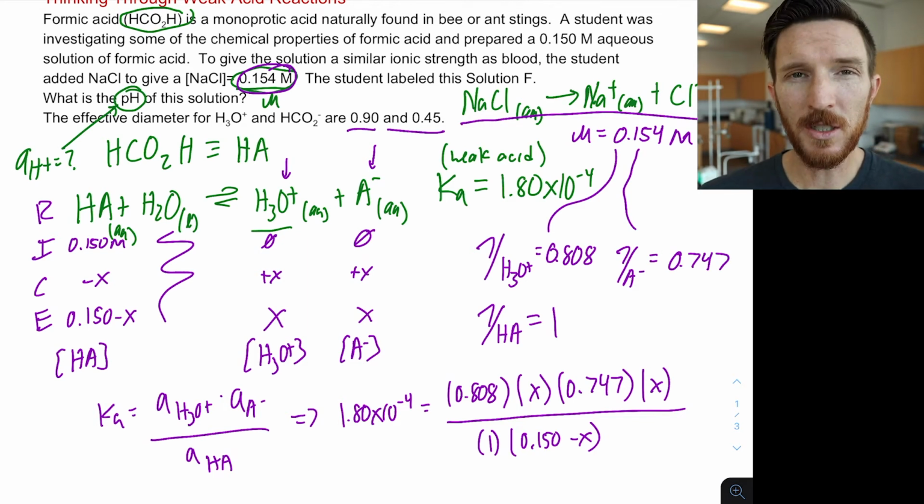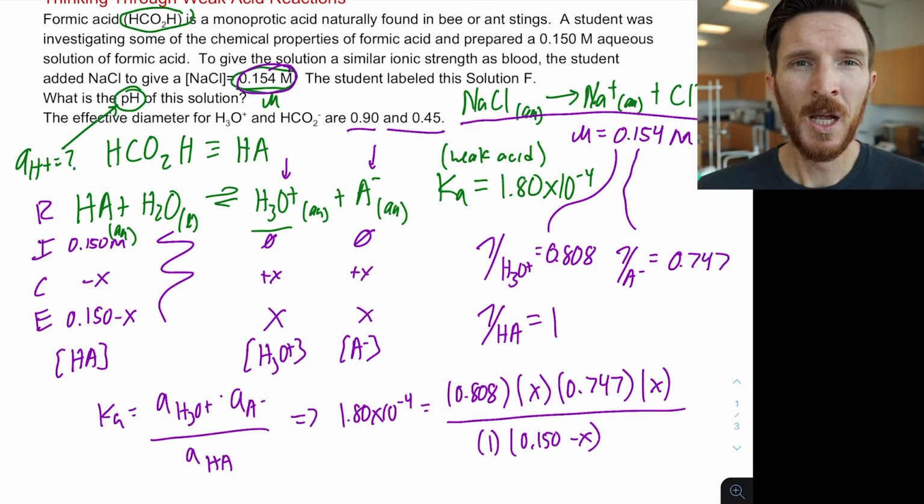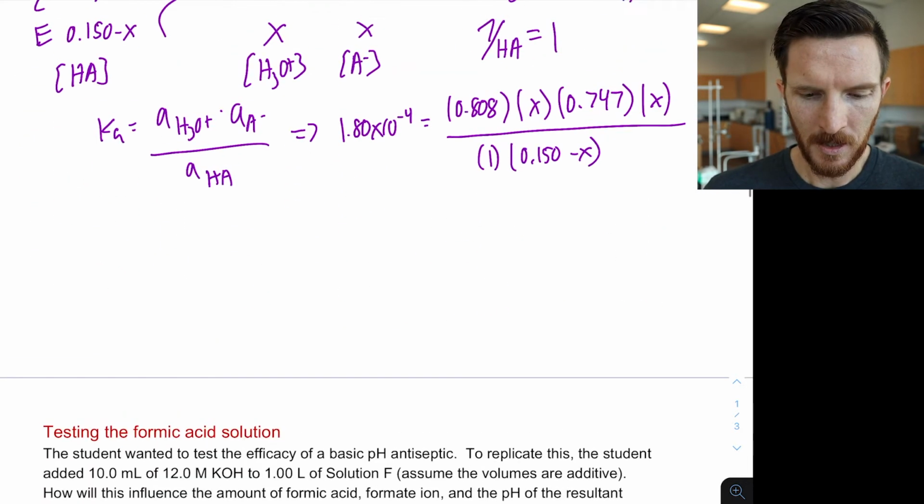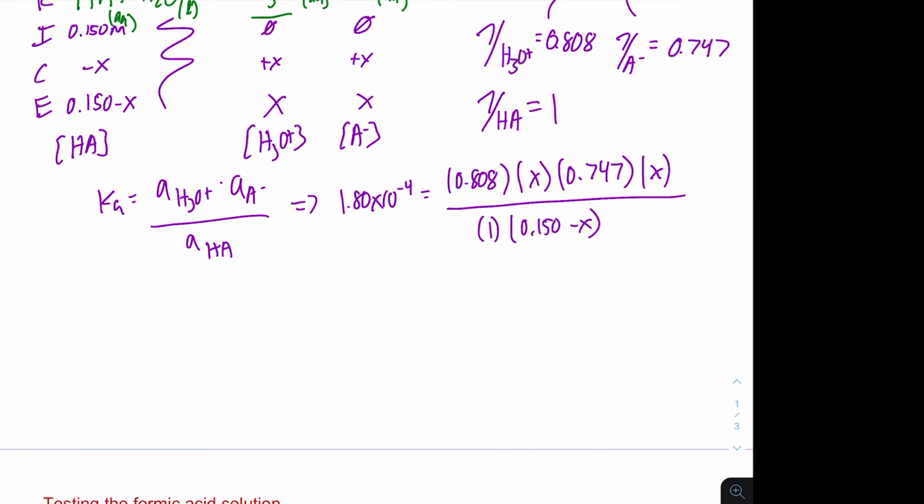So now we have an expression. We've got to do some algebra. I'm just going to zoom through this in our video, showing this step by step if you'd like to watch it, and then see what our solution would be.